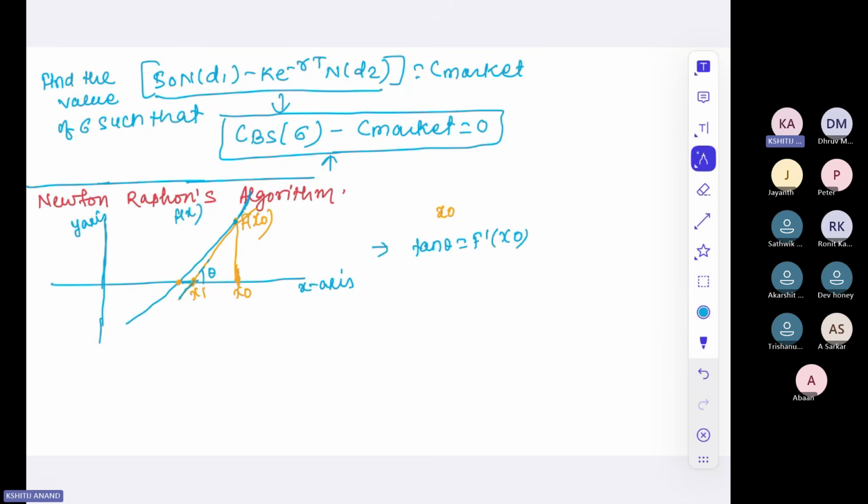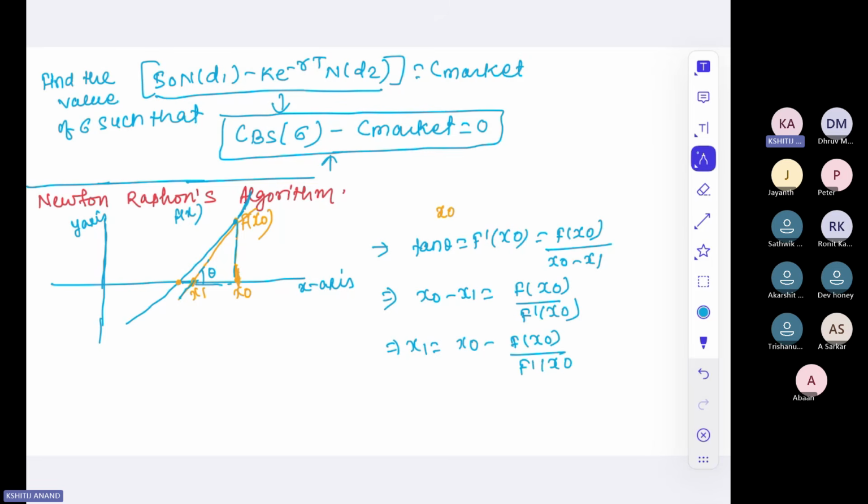This will also be equal to this value divided by this value. The y-axis is f of x naught, and the lower value will be x naught minus x1, right? So x naught minus x1 is equal to f of x naught divided by f dash of x naught. And so x1 will be x naught minus f of x naught divided by f dash of x naught.